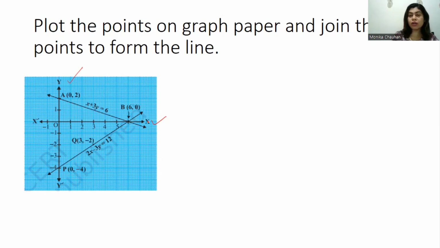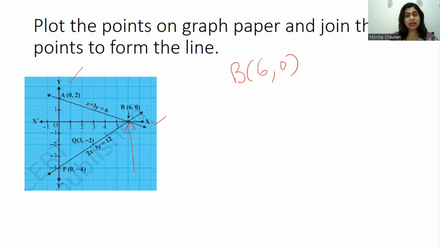So when you join these points and form a line, you will see these two lines are intersecting at one point. And what is that one point? 6, 0. B is the name which we have given. So we are observing that 6, 0 is the common point to both the lines, right?